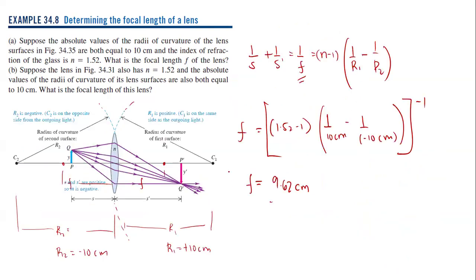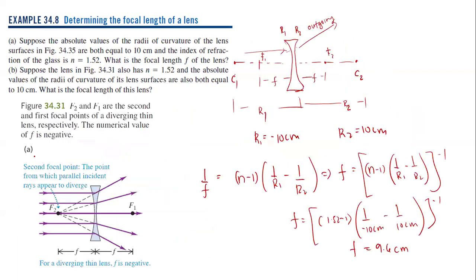In here, F is positive for the converging lens and negative for the convex lens. So the first surface is R1, the second surface is R2. This is surface number 1, it has a radius R1. This is the second surface, it has a radius R2.